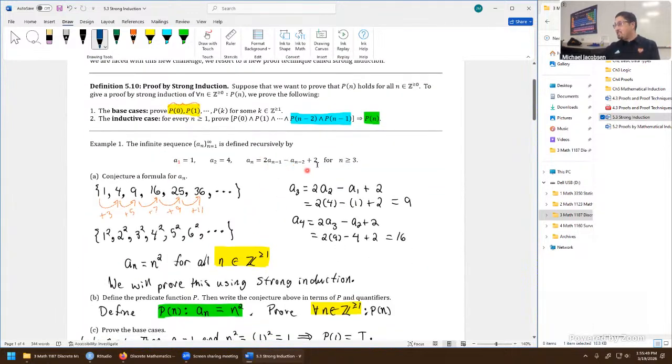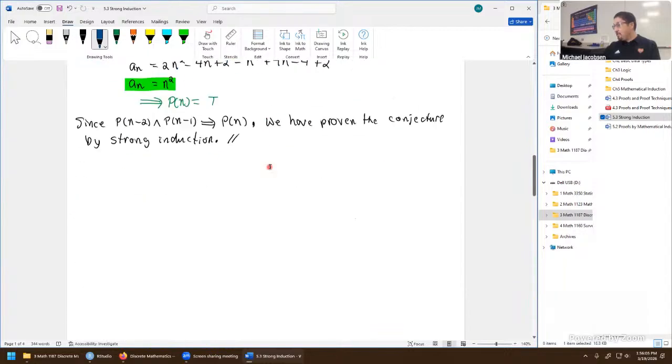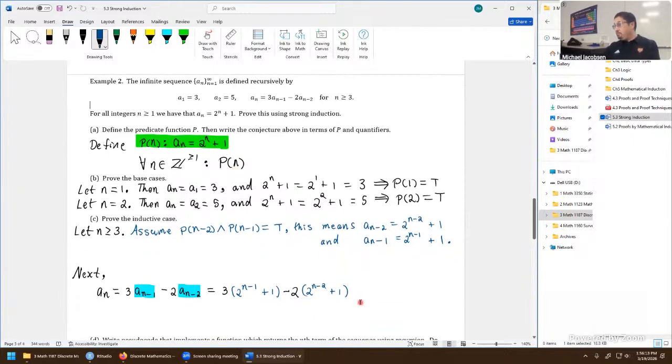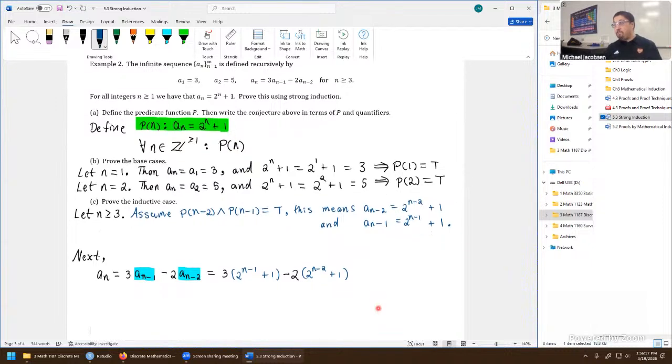Just different constants and then a constant term entirely. It resulted in n squared, a polynomial degree 2 function. Polynomial functions and exponential functions can't be more different. So the fact that something like this, which looks extremely similar to something like this, yet we're getting an exponential function, to me that almost seems unbelievable. But if the math works out, we can't refute this logic. So let's see what happens when we expand this out.